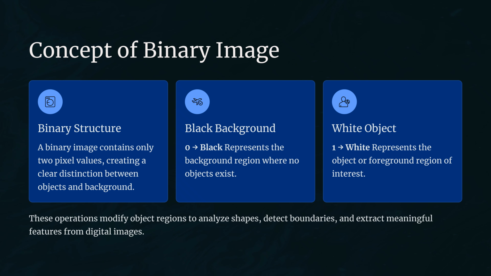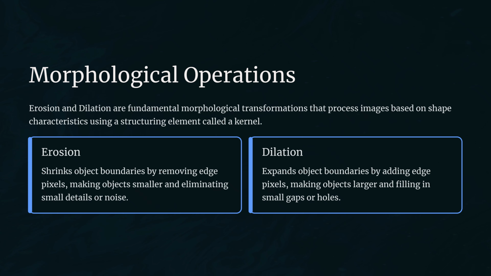A binary image is an image that contains only two pixel values, black and white. Here, black, whose value is 0, represents the background, and white, whose value is 1, represents the object. Morphological operations like erosion and dilation work on these white regions to alter the structure or the shape of the object.